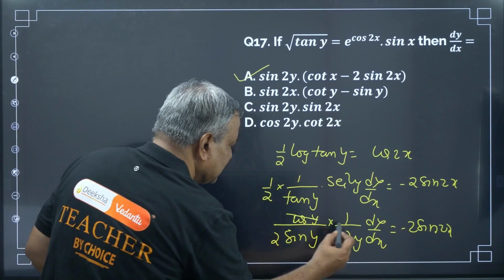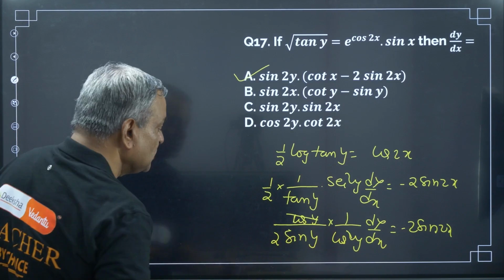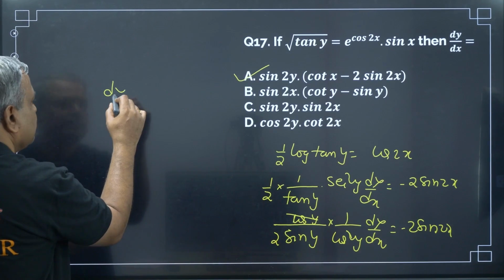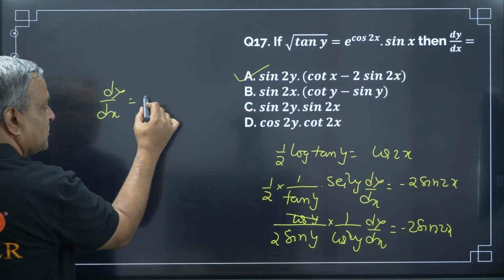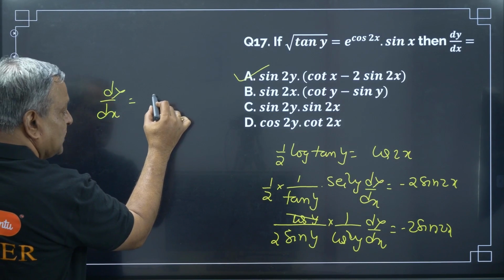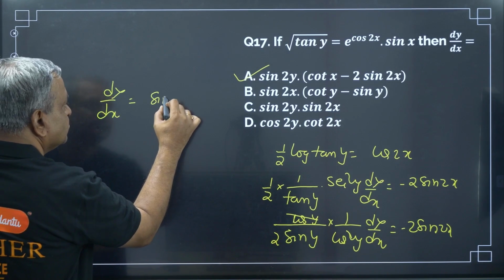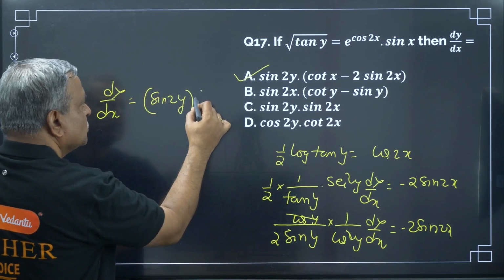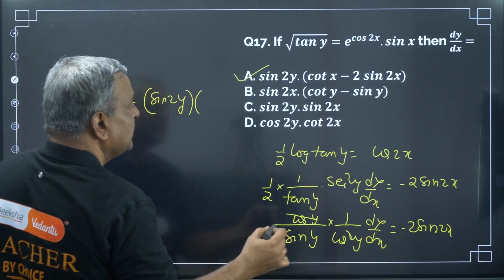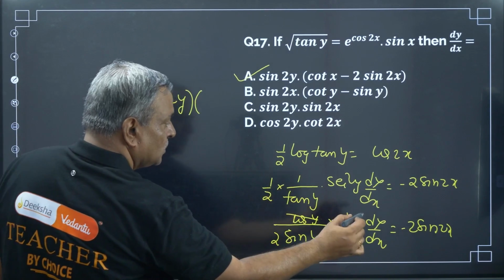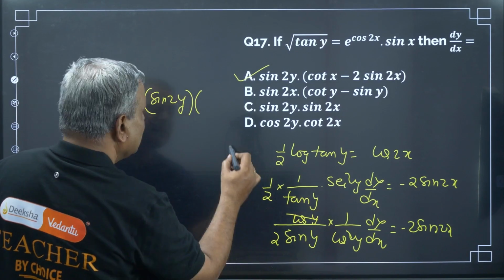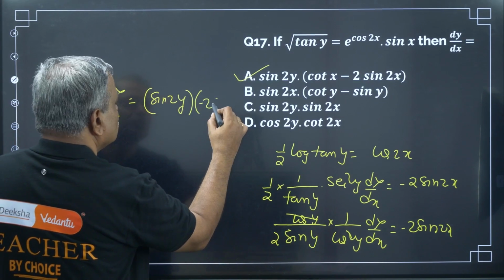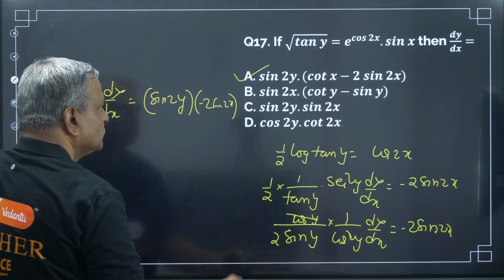So one cos y will cancel. 2 sin y cos y is equal to sin 2y. So dy by dx is equal to, you get sin 2y, and here you get 2 sin 2x.